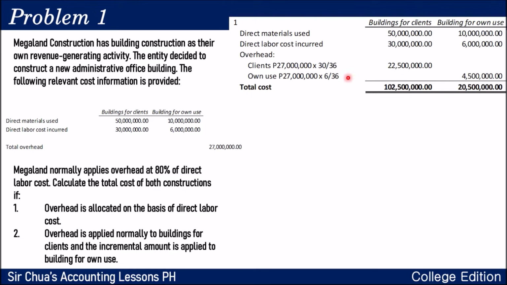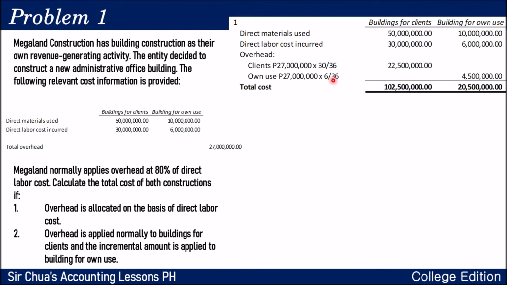So, yung 27 million natin na total overhead, ganito na po natin siya i-allocate. For clients is 27 million times 30 over 36. Saan po galing yung 30 over 36? Ito po, yung direct labor cost na 30. Okay? 30 over 36. For own use naman po, 27 million times 6 over 36. Saan galing po yan? Ito po yung 6 over the total of 36.